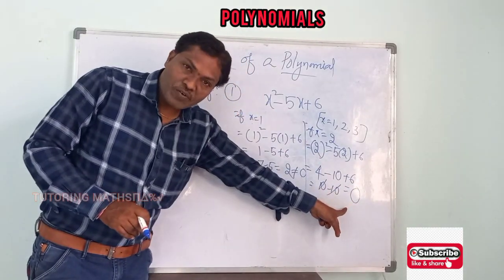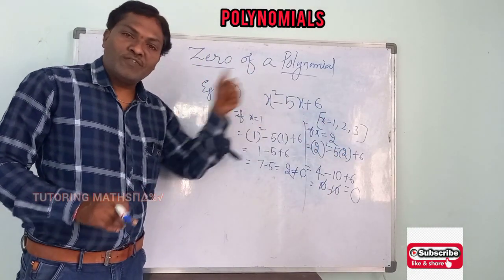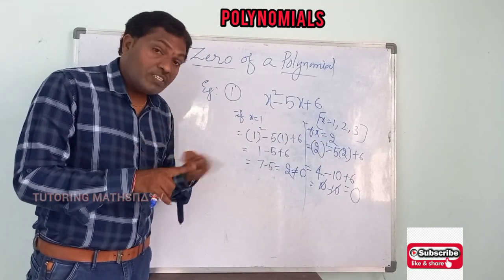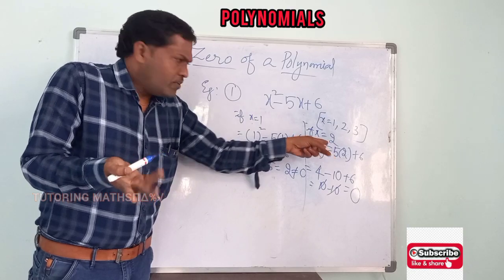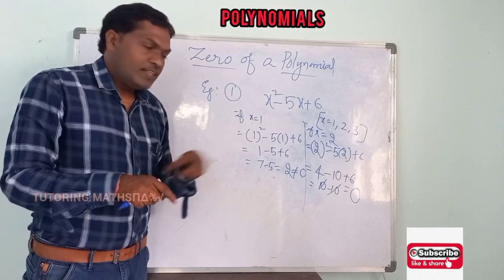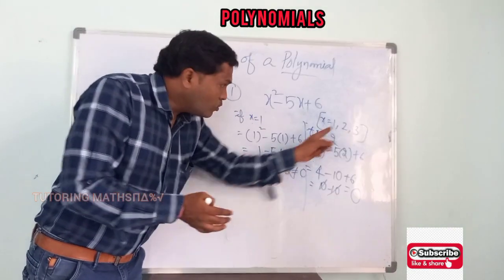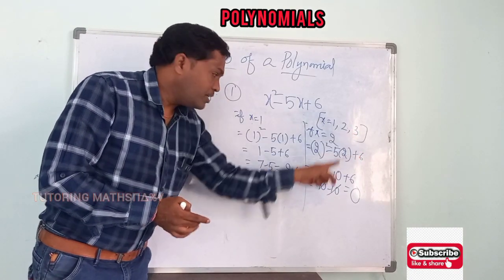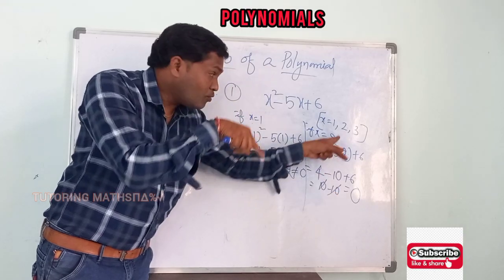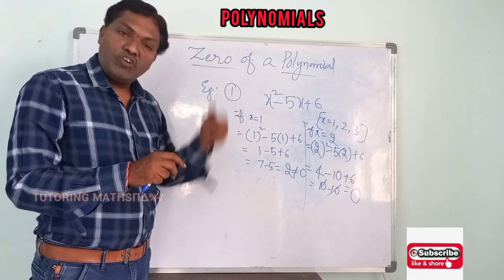If the result is 0, then x is equal to 2 is a zero of the polynomial. What is the zero of this polynomial? 2, because when you substitute x value 2, you get 0. In the same manner, you can substitute 3 and check the result. If the result is 0, then that would be a zero of the polynomial. So that is the concept of the zero of a polynomial.